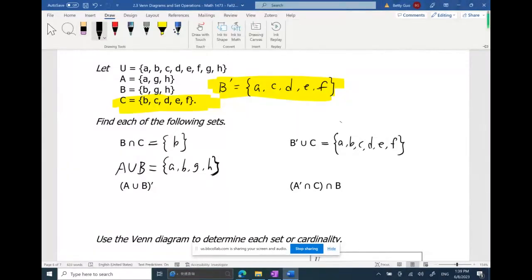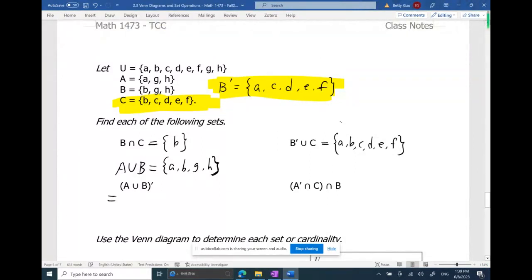The complement of A union B includes all the elements in U, but not in A union B. A union B has A, so we get rid of A. Has B, we get rid of B. Has G, has H. So we get rid of those elements, and the rest of the elements are C, D, E, F, and that's the complement of A union B. Find A union B first, don't rush, and then find the complement.